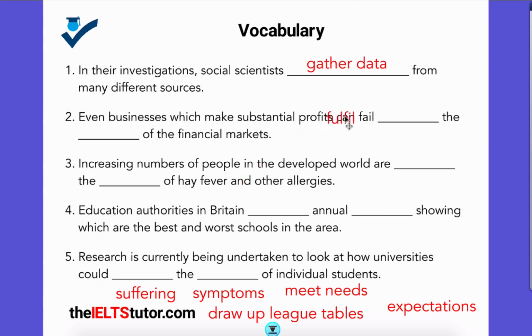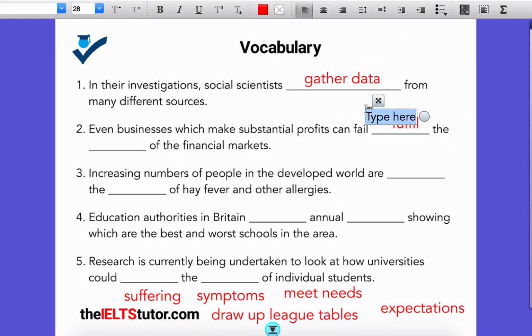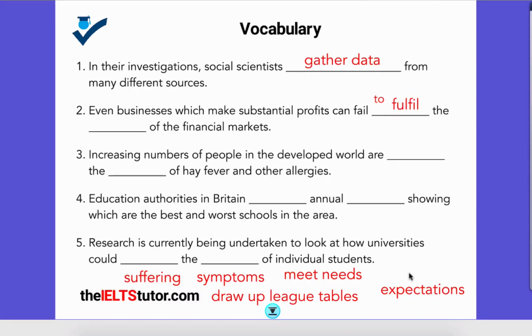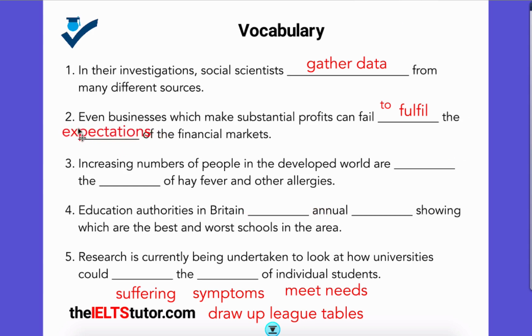I think here we need to add a "to", perhaps. Can fail to fulfill the expectations of the financial markets. Okay, so here you've got to consider the correct grammatical form.